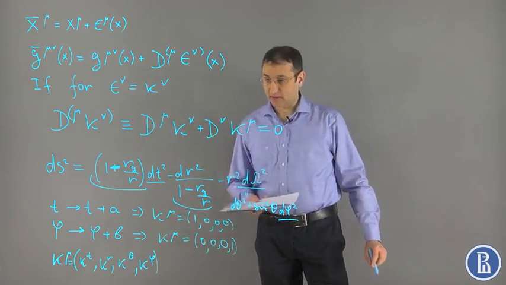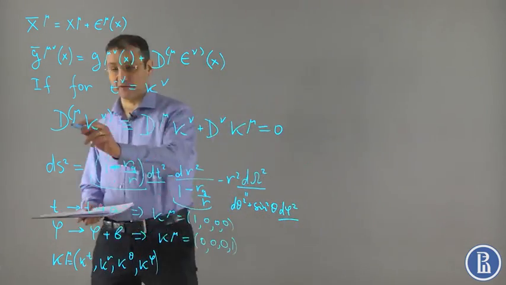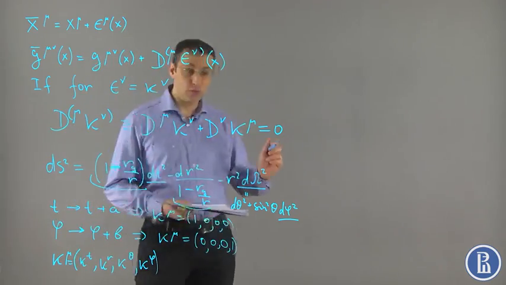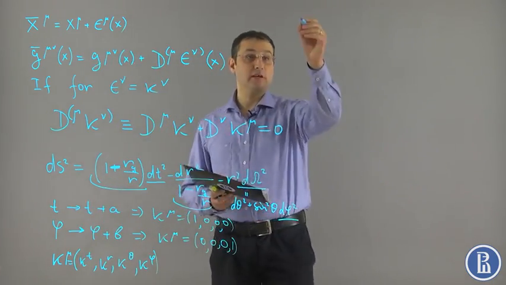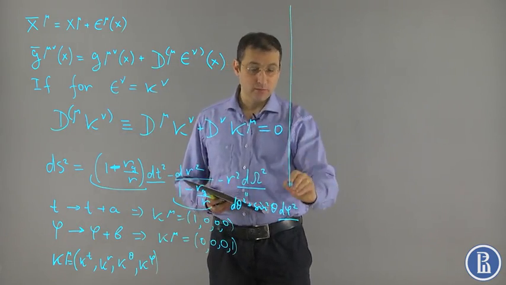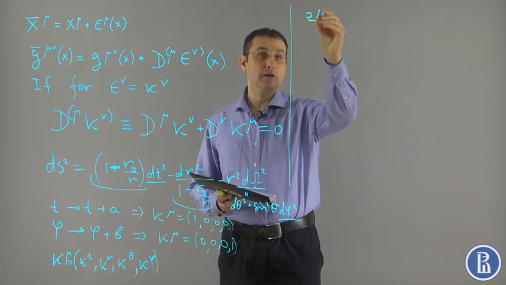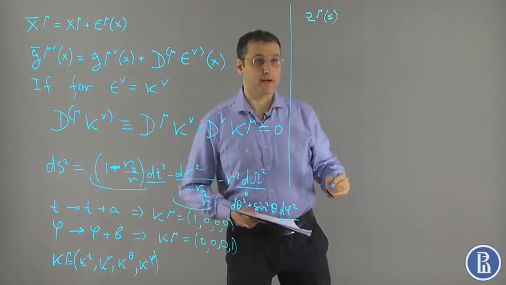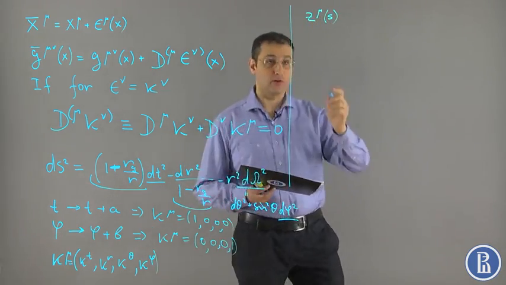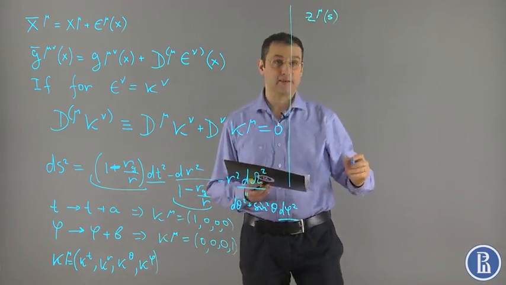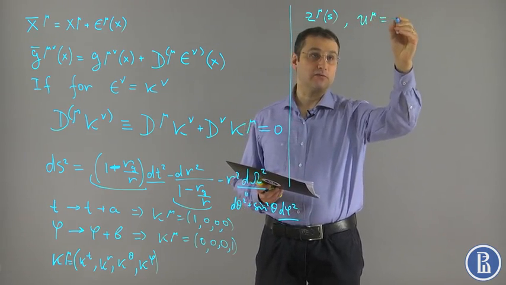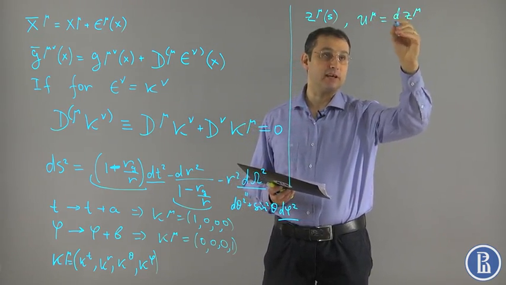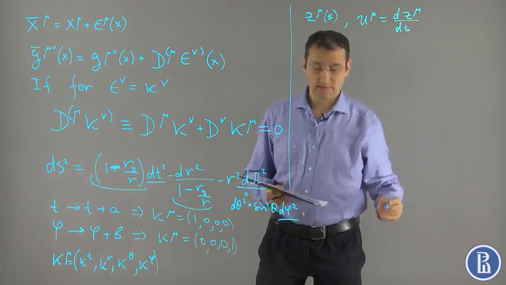And let us see that the presence of the Killing vectors leads to conservation laws. For example, consider a particle moving along z mu of s, which is a curve, a world line. Correspondingly, its velocity four-vector is dz mu over ds.